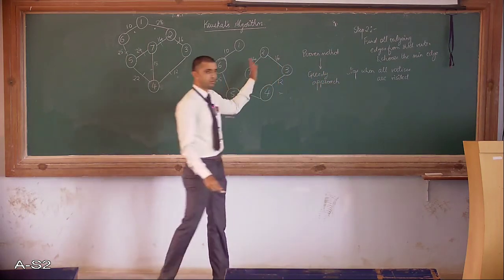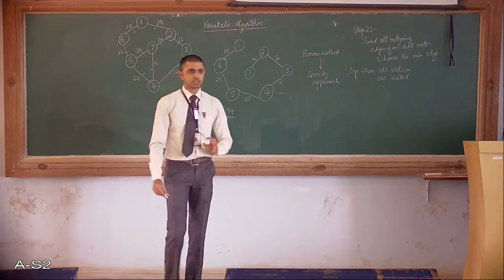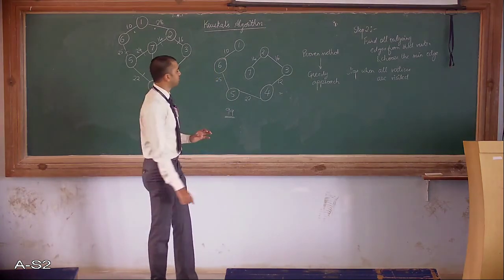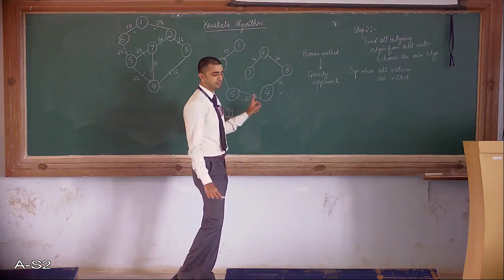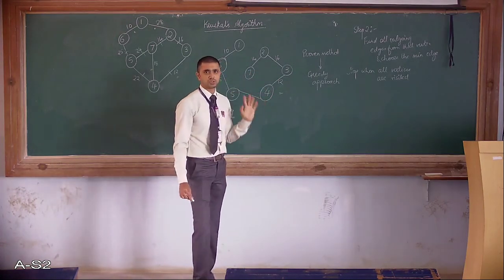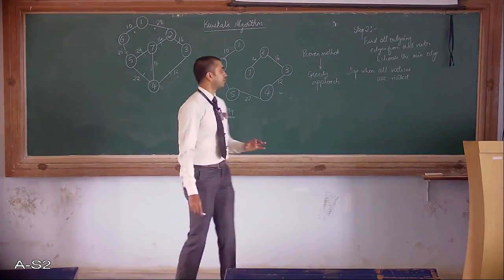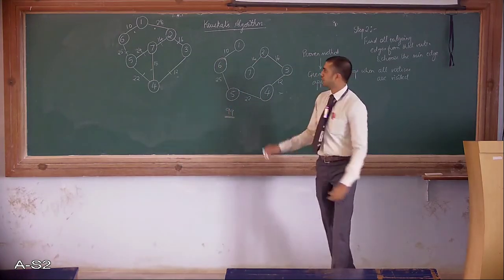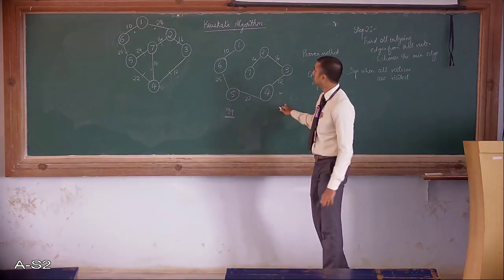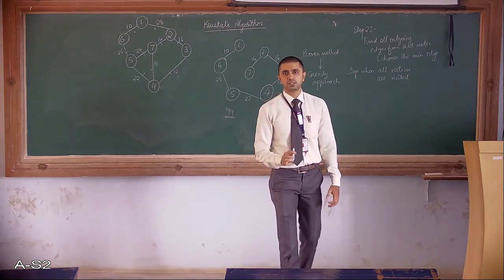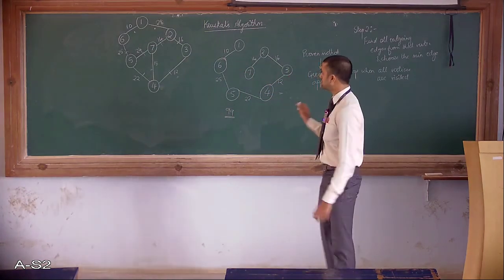We are filtering out the edges with maximum weights, and we are choosing only those with minimum cost associated with them. So these are two algorithms with respect to the greedy technique: Kruskal's algorithm and Prim's algorithm, which find the minimum cost spanning tree.